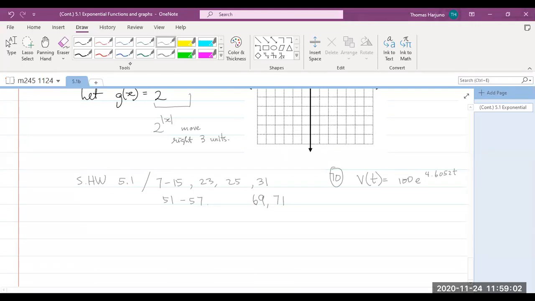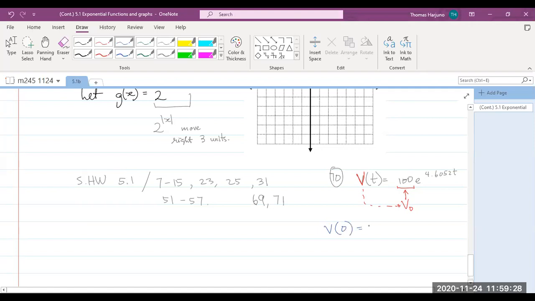Now you will see the following. This number 100 here is the initial value. We usually denote it by V0. If the notation here is V, then the notation here will be V0. What does it mean? At time zero, the initial number of computers infected is what? So what is V0?